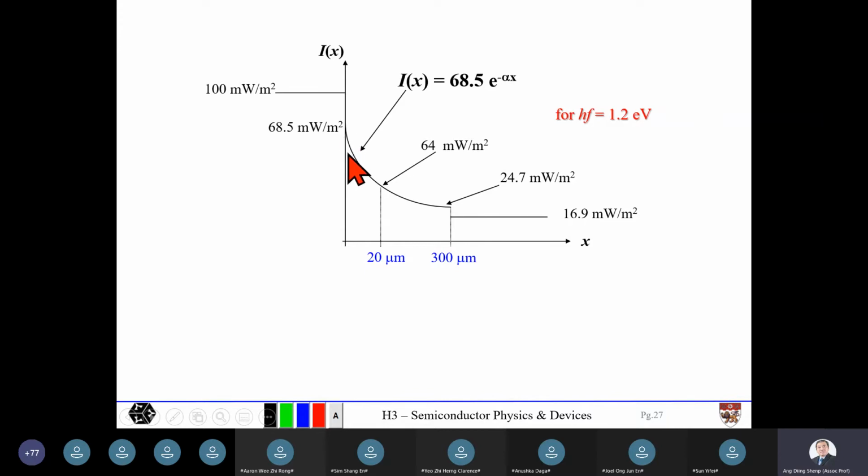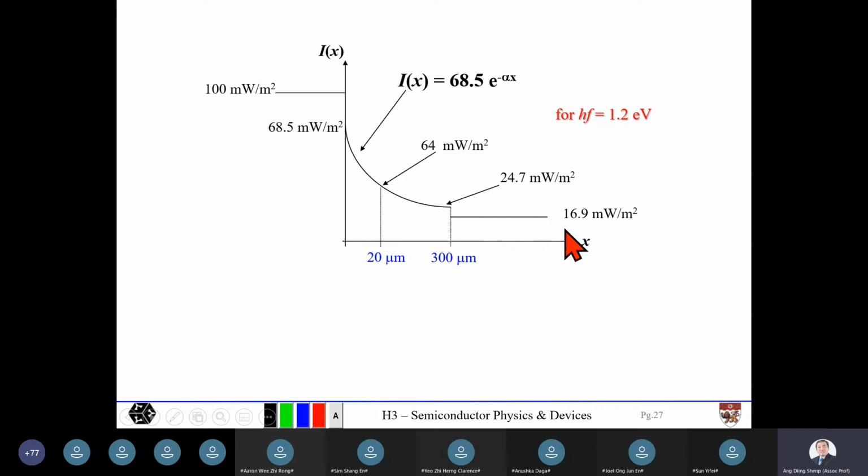As the light travels into the semiconductor, it can get absorbed. The curve shown here is for the 1.2 eV photon energy. After traveling 300 micrometer, not drawn to scale, this is the remaining light intensity. Upon hitting the other interface between silicon and air, there is another drop of about 1/3 due to reflection.